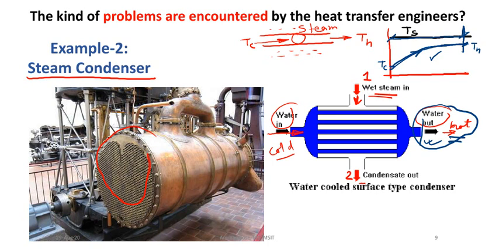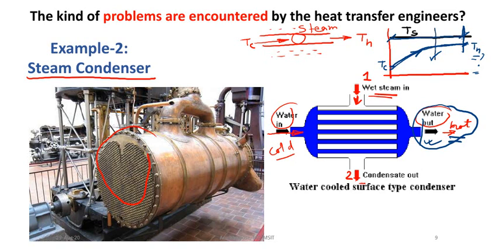If that is a particular condition given, then what should be the length of the tube? What should be the length of the condenser so that at the outlet the temperature will be a particular value? For that we can solve from here, because we know the variation.